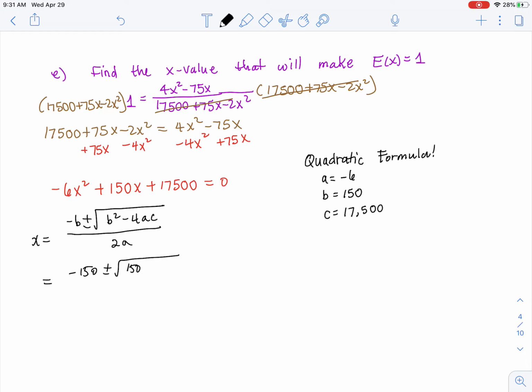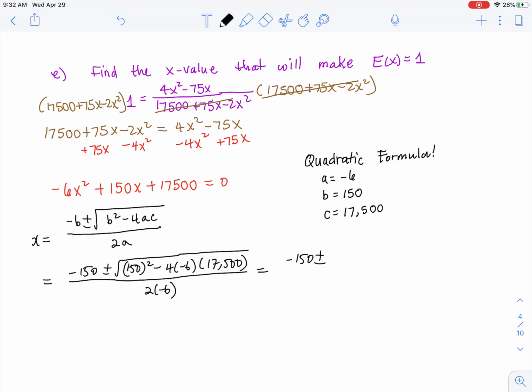All right, so that's going to be negative 150 plus or minus the square root of 150 squared minus 4 times negative 6 times 17,500, all divided by 2 times negative 6.